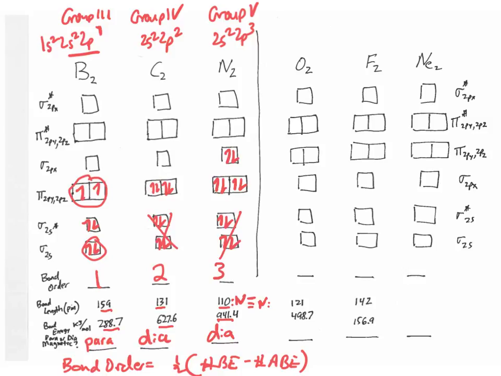And that results due to the interactions of the p orbitals and s orbitals for the lower ones versus it not happening for these larger molecules. And so because of the lack of interaction, they flip.